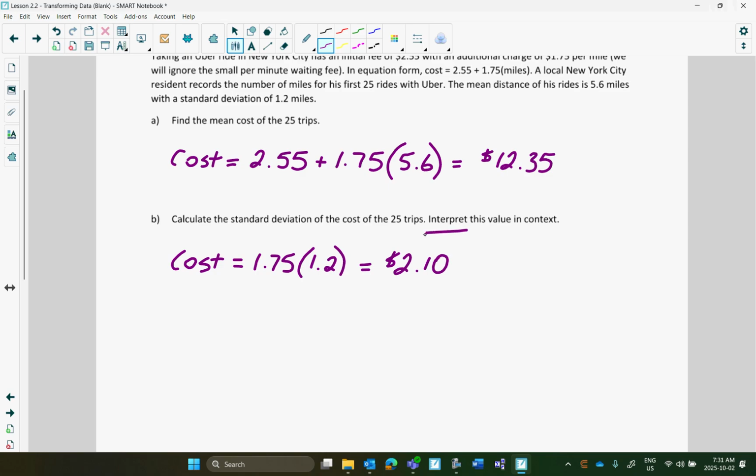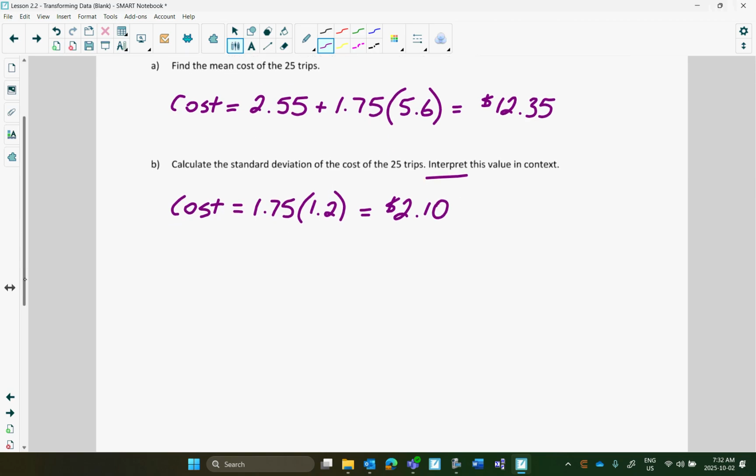How do we interpret that? We would say that the cost of the trips typically varies from the mean by this amount.